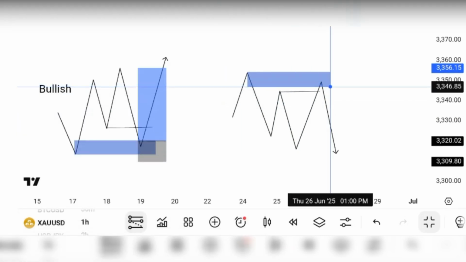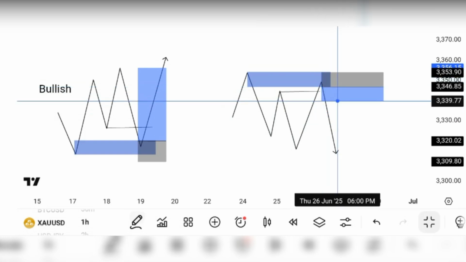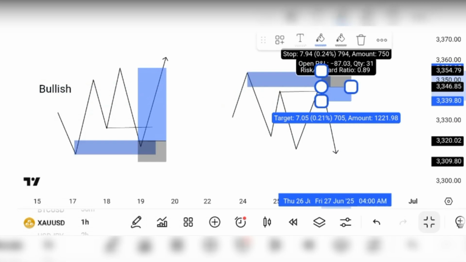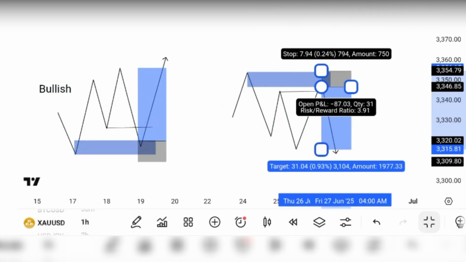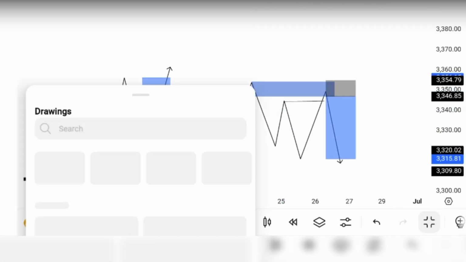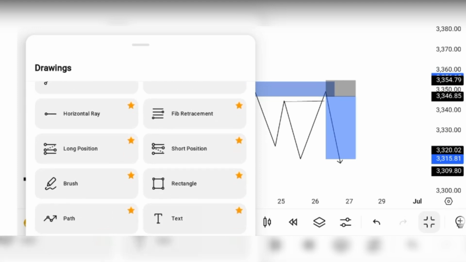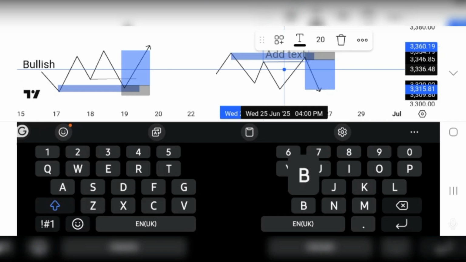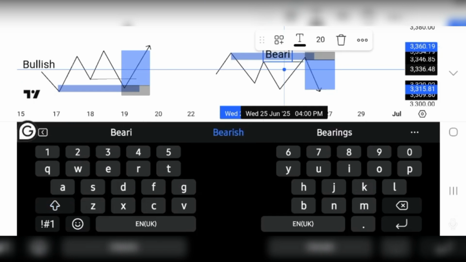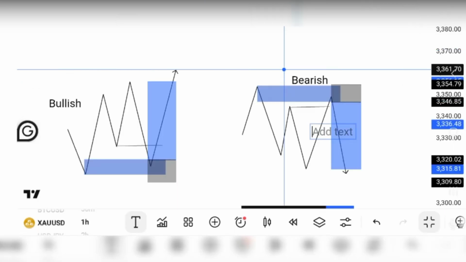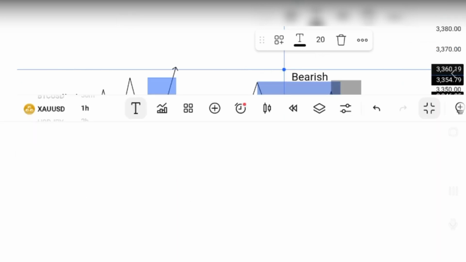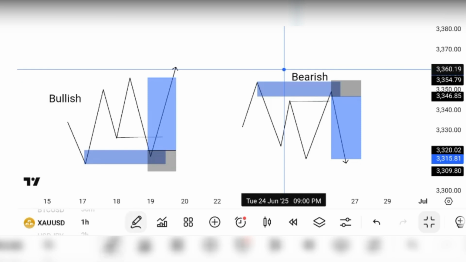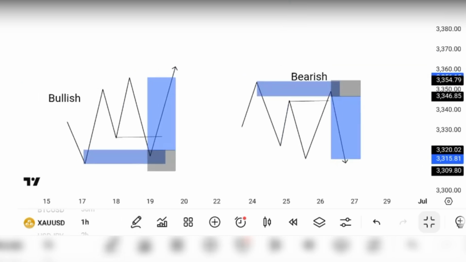You put your entry on the order block. Yes, you put your entry. You set your stop loss, and then you set your take profit. So this is for a bearish market.